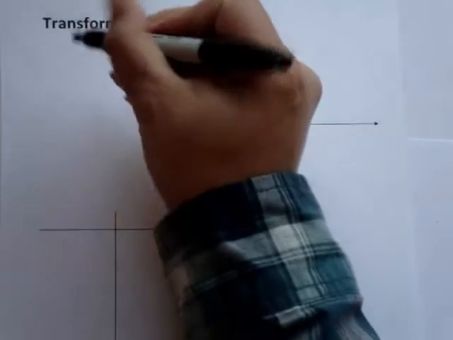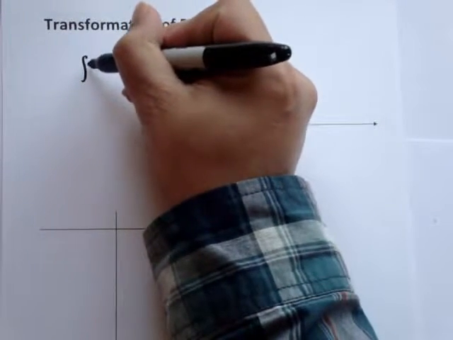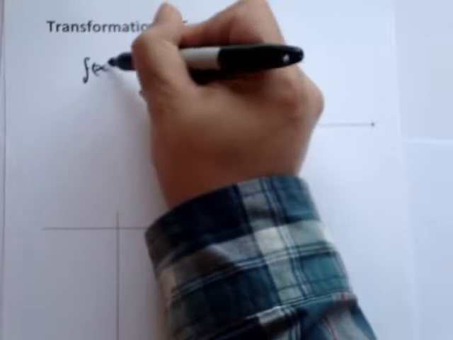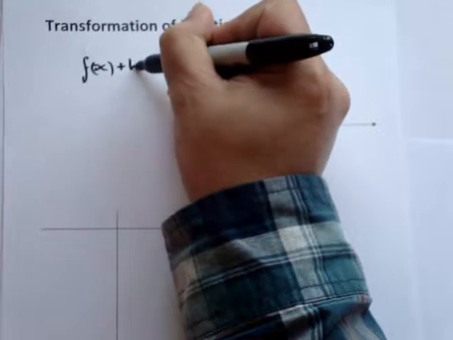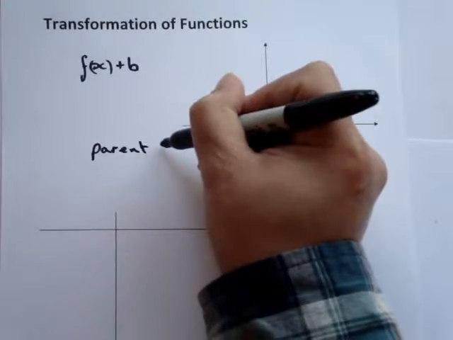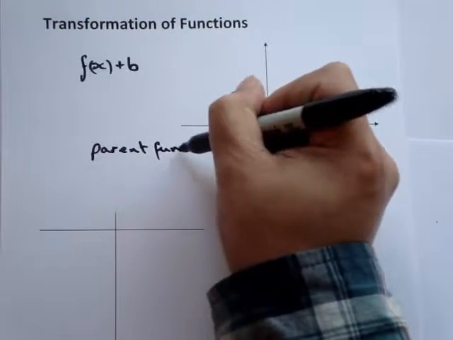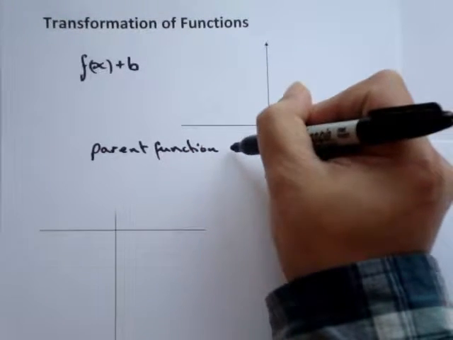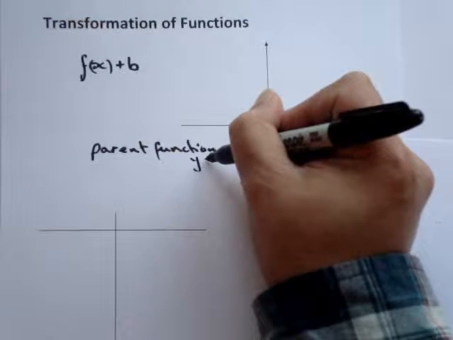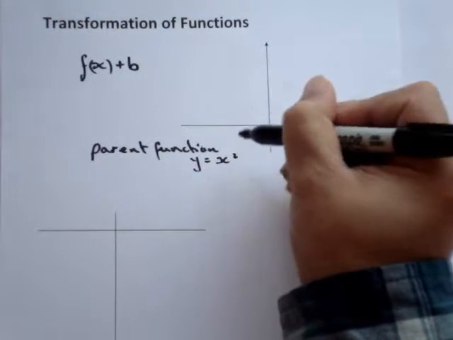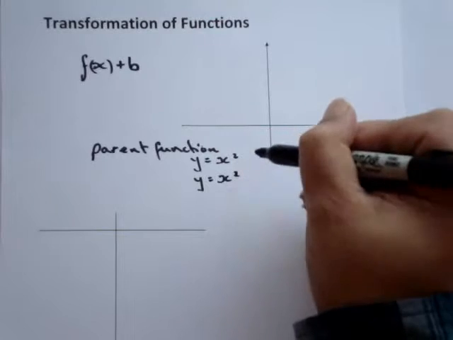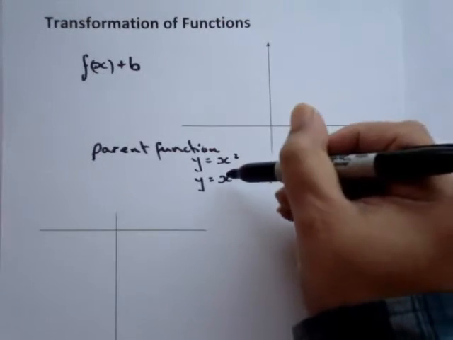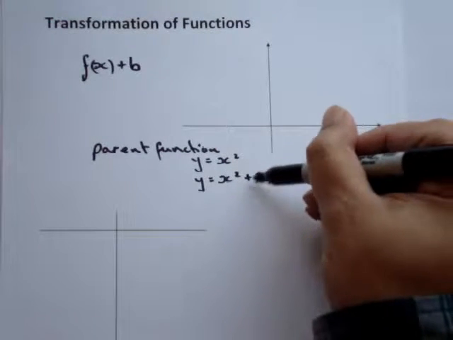So if we had f of x plus b, our parent function is y equals x squared, and the transformed function is y equals x squared plus 2. So that's f of x plus b, b being 2.